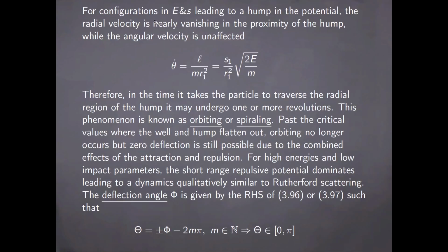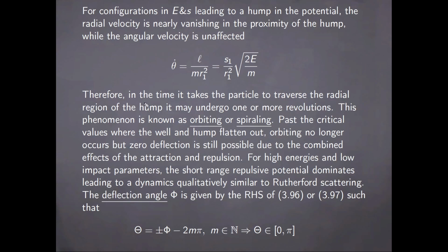Now, for configurations in energy and impact parameter leading to a hump in the potential, the radial velocity is nearly vanishing in the proximity of the hump, while the angular velocity remains unaffected, as is seen from the conservation of angular momentum.